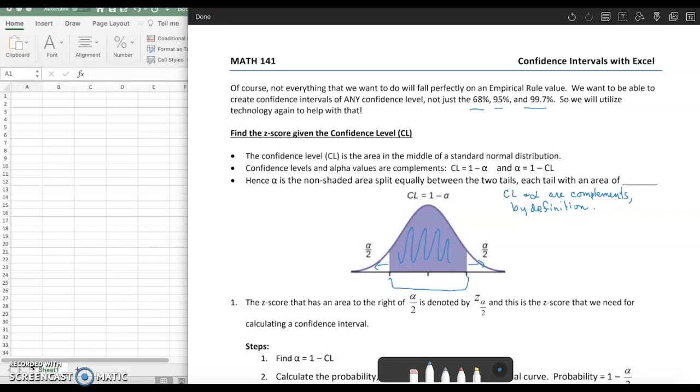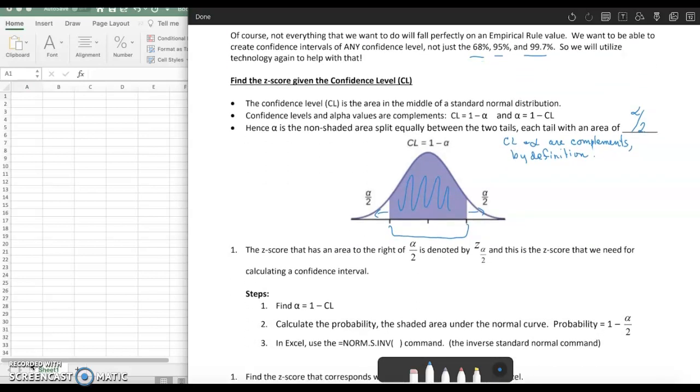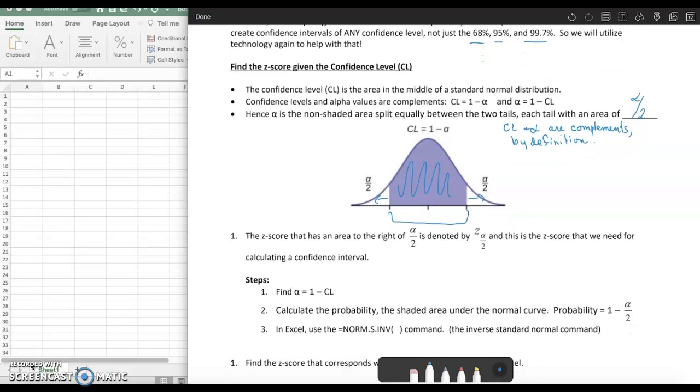In this case, whenever you have the two-tailed situation happening, this alpha value then is the non-shaded area that's split up equally between the two tails. That means each tail will have an area of alpha over 2. The z-score that has an area to the right of it of alpha over 2 is denoted by z sub alpha over 2.